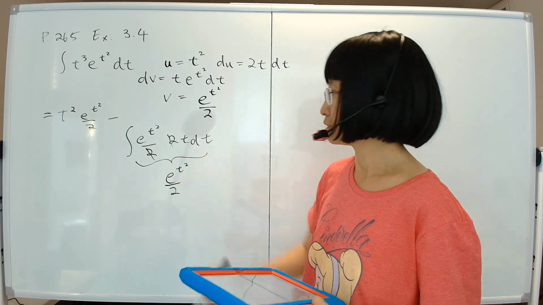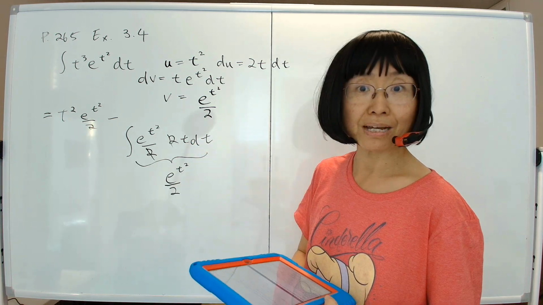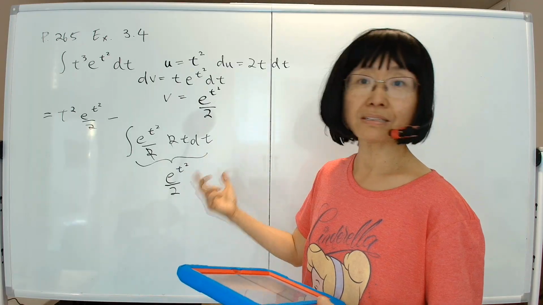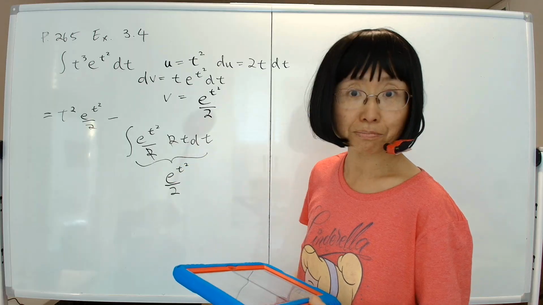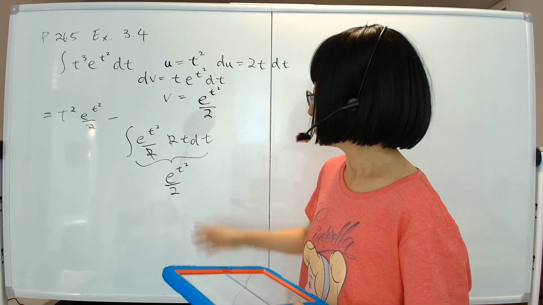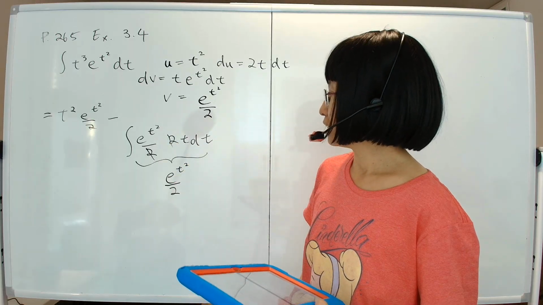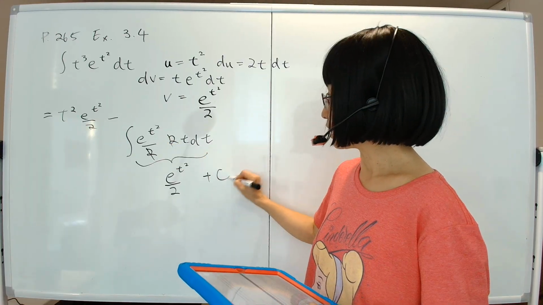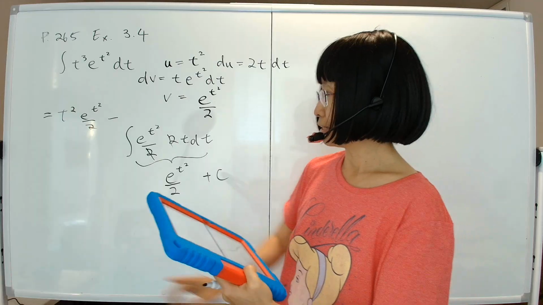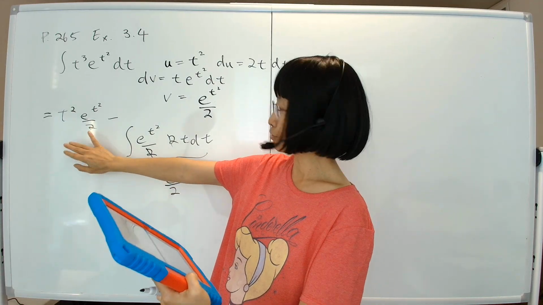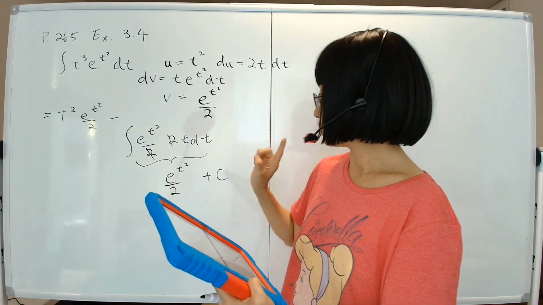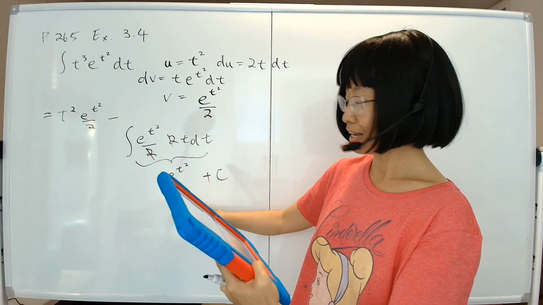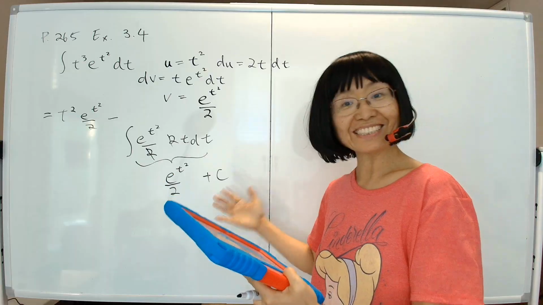We'll divide by 2 to take care of it. Or you can do this by u substitution, but since this is a short problem, we're just doing the substitution in our heads. You come up with something that will quickly take the derivative into that, and that should be it. Let's add the constant. The answer should be 1/2 t squared e to the power t squared, minus 1/2 e to the power t squared, plus c. See, I got it right.